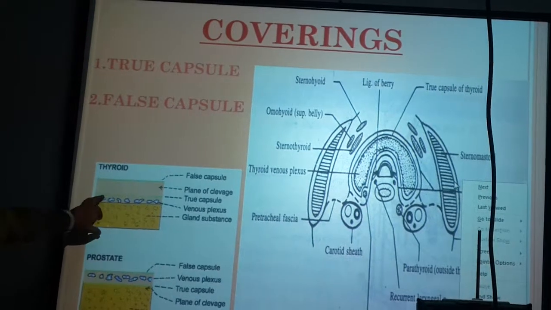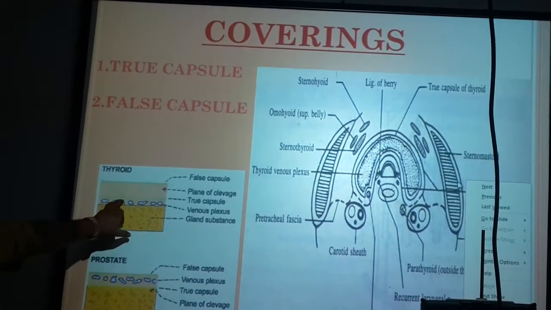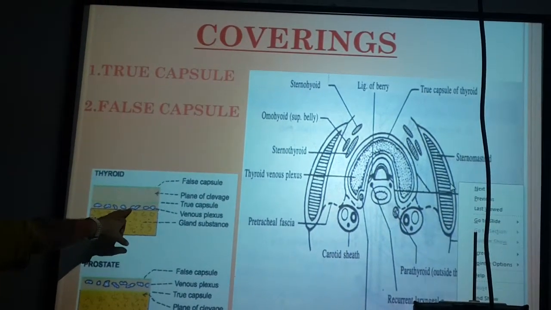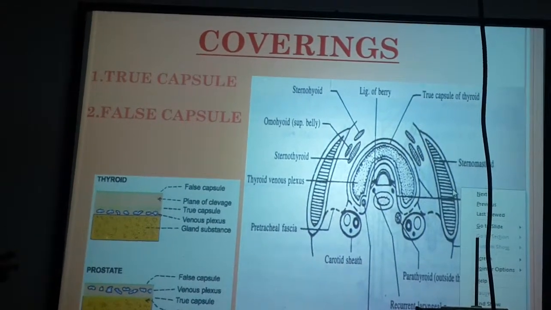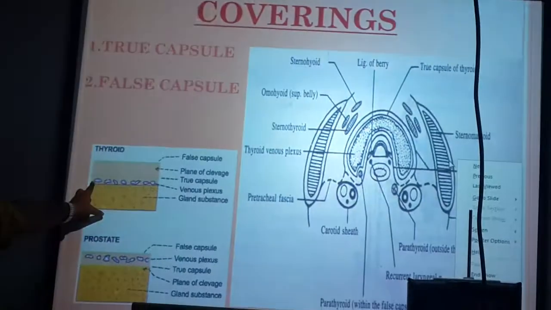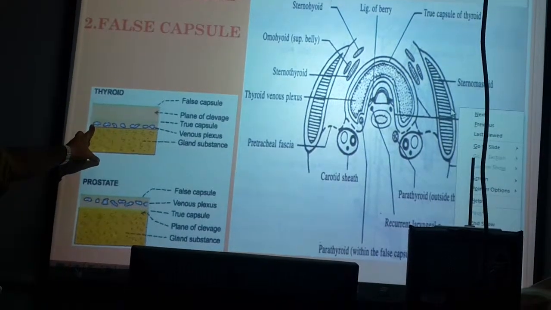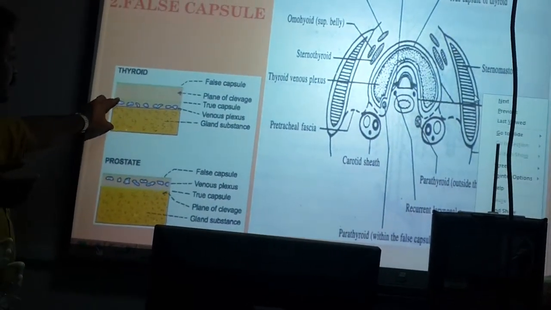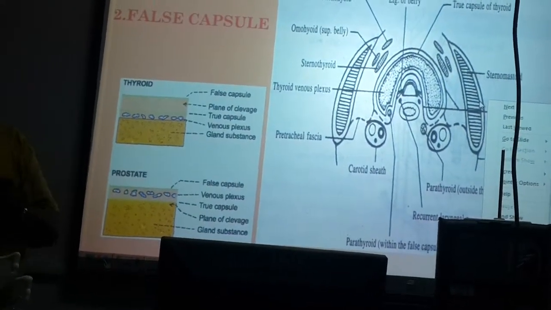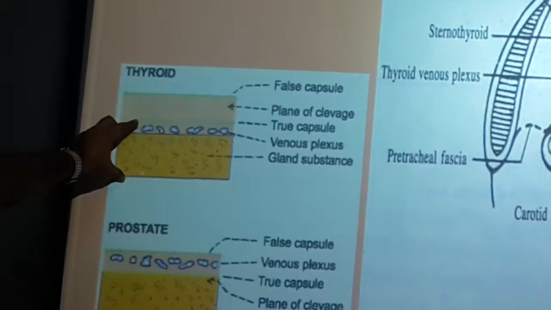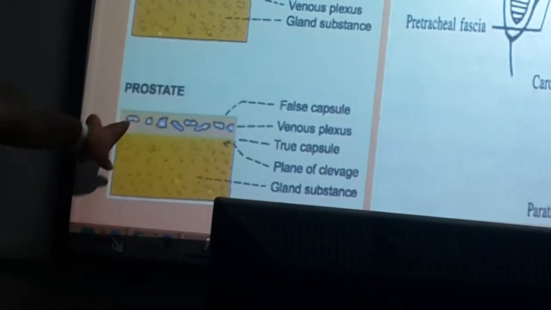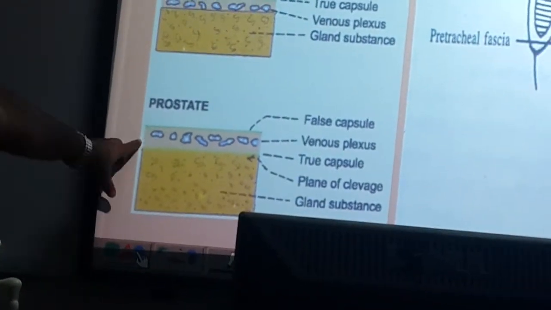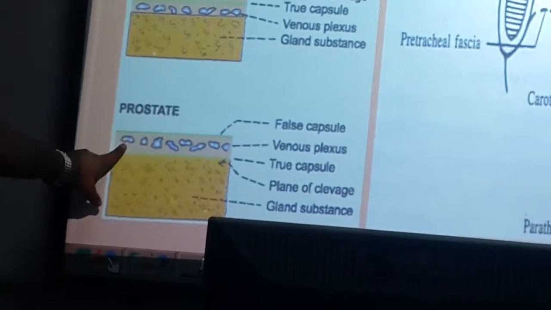Just below the true capsule, there is a venous plexus. Between the glandular tissue and the true capsule, there is a venous plexus in case of thyroid gland. So, to avoid hemorrhage during thyroidectomy, the gland has to be removed along with the true capsule. Whereas in case of prostate gland, here is a slide of prostate gland.